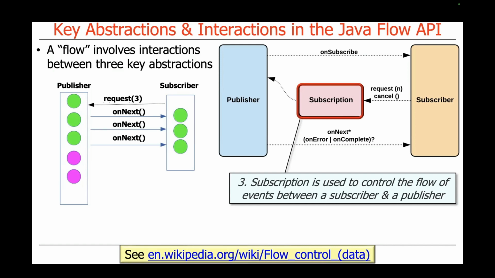So you can either have it send an infinite number of events as quickly as possible, in which case there is really no back pressure or flow control, or you can use the subscription to indicate how much to send in one fell swoop. And you can also cancel subscriptions using the cancel method on the subscription.